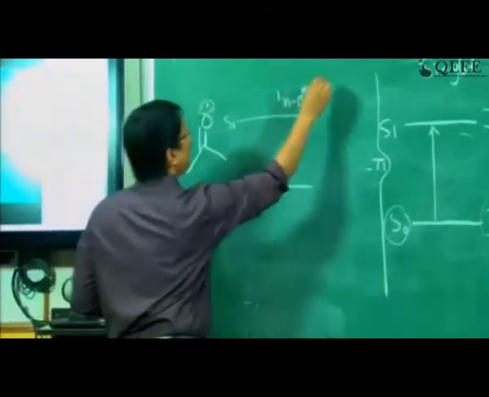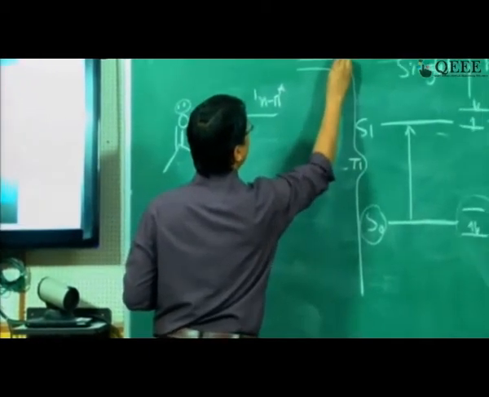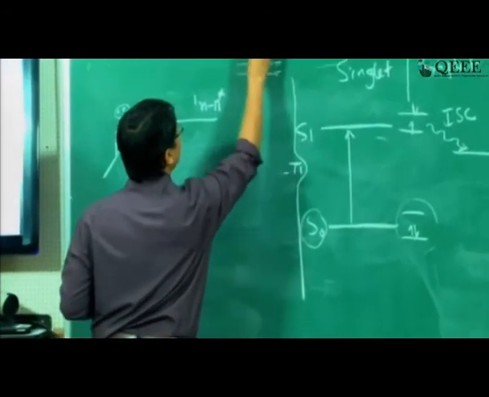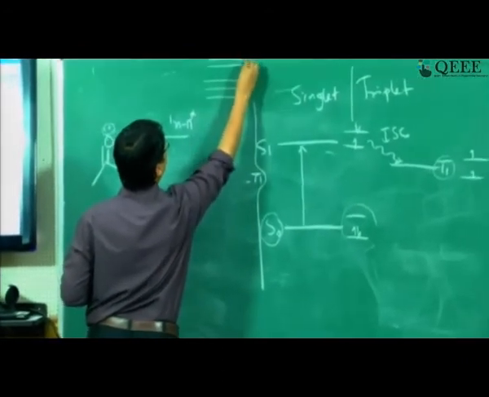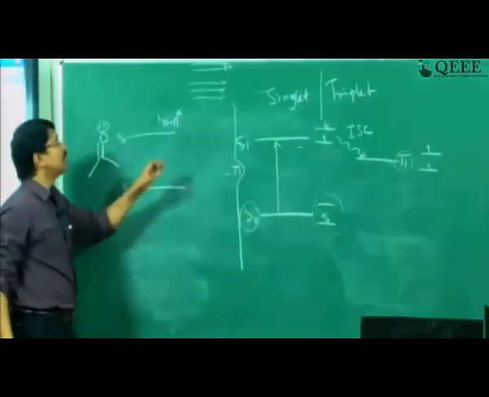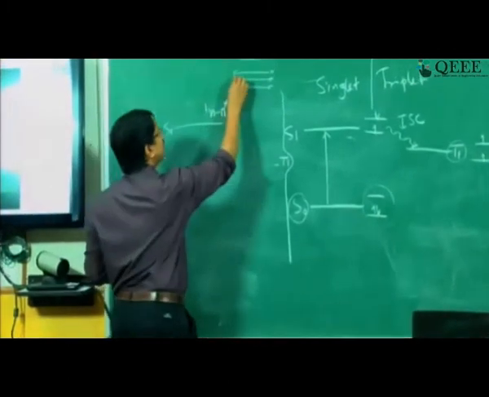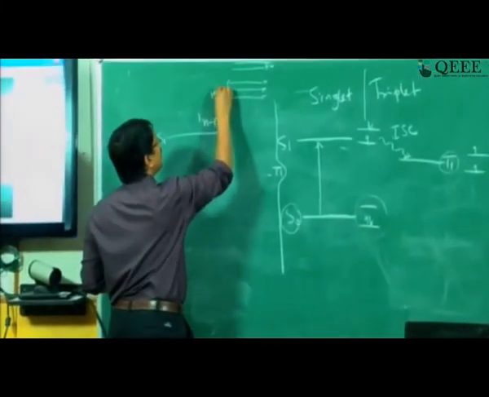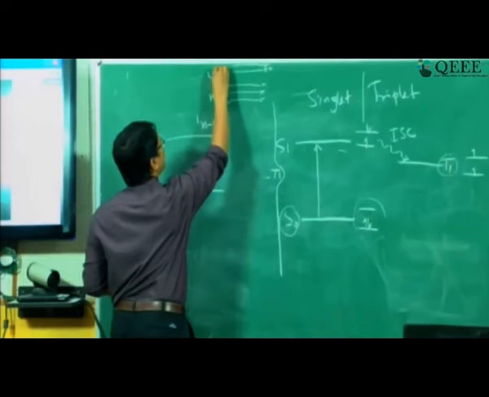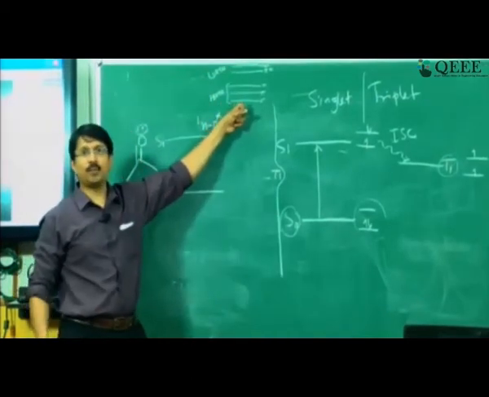Remember this basic energy level structure: you have sigma bond, pi bond, non-bonding electrons, and then pi star and sigma star. This is called HOMO and this is called LUMO, the highest occupied molecular orbital and the lowest unoccupied molecular orbital.